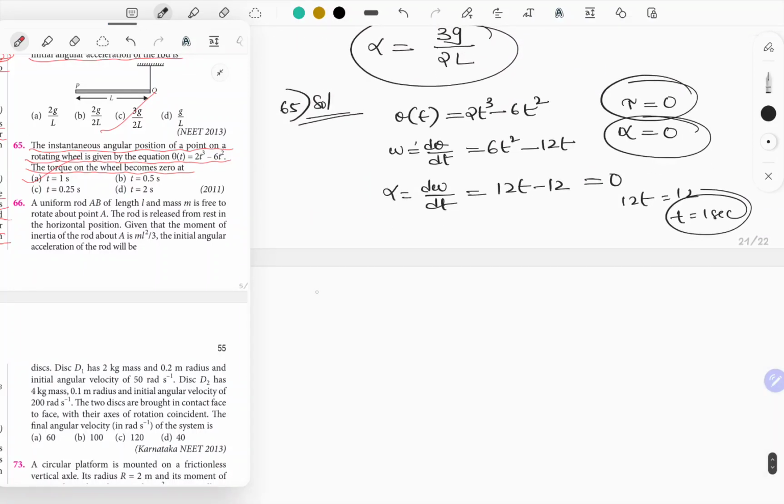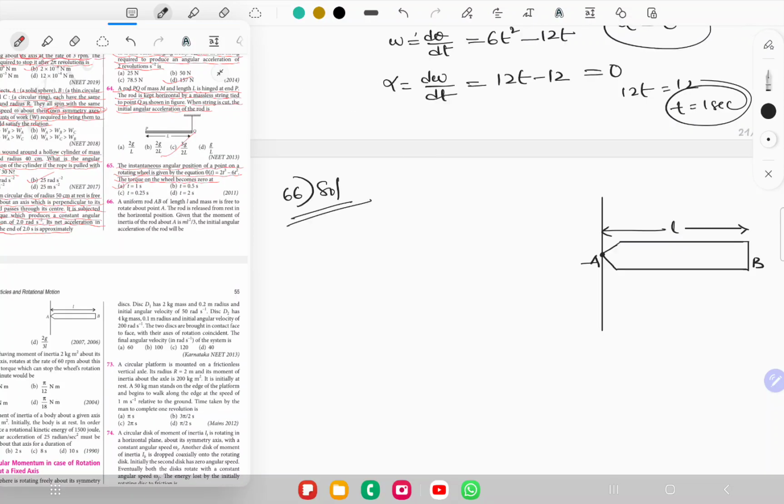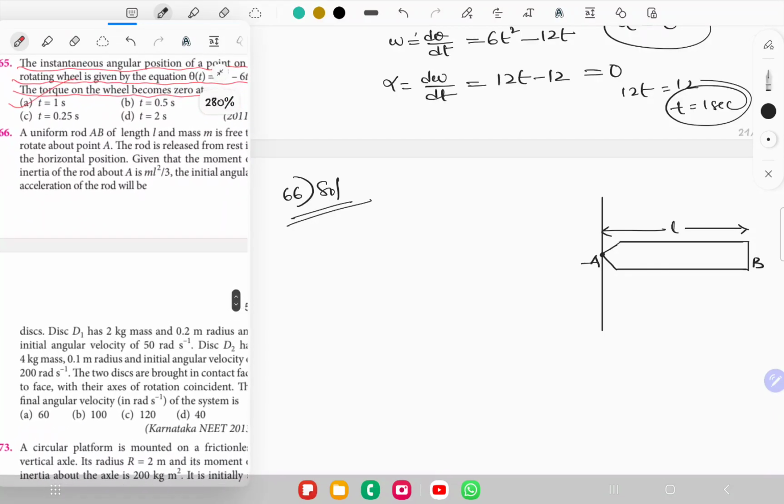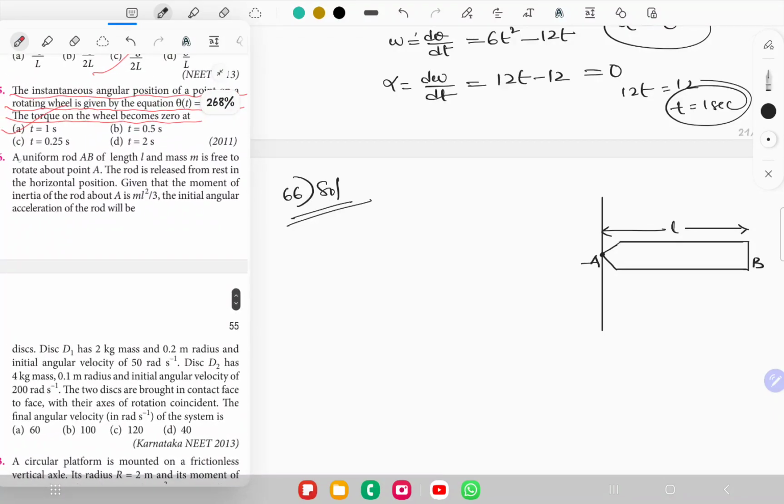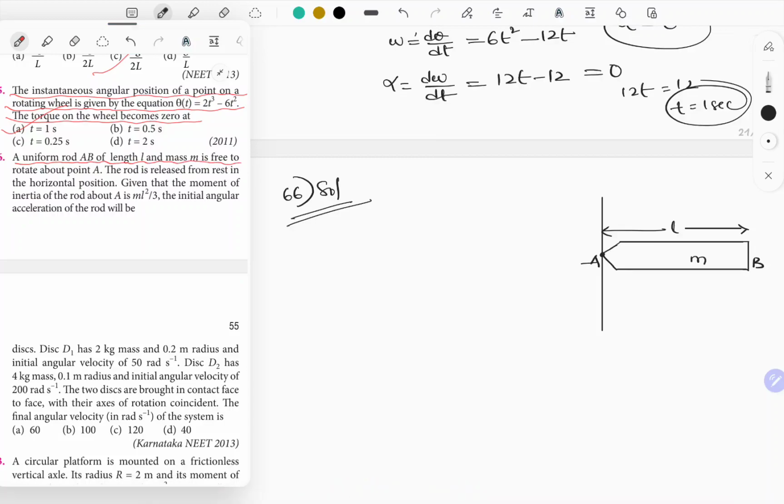Very good. So let's solve question number 66. In question number 66, they have given some diagram. I did represent that diagram over there. Let me read this question. Okay. A uniform rod AB of length L and mass M. Mass of this rod is M. Okay.